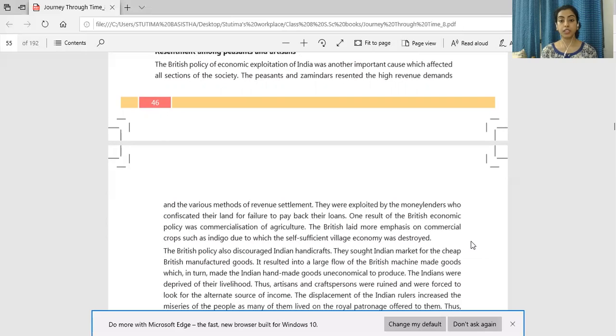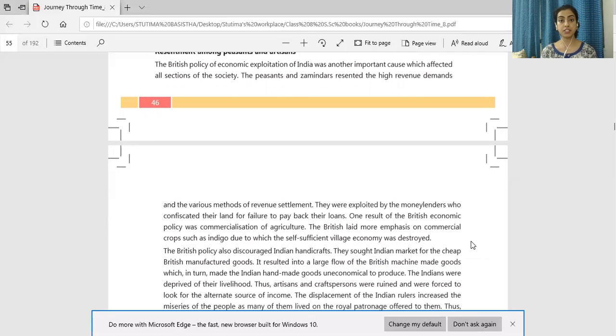Right. Another British economic policy which was introduced was the commercialization of agriculture. So what does commercialization of agriculture mean? It means that the British paid attention to growing only those crops which brought them profit, like the cultivation of indigo. All right.